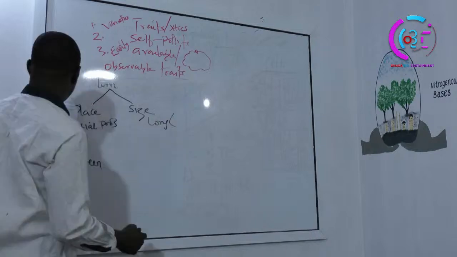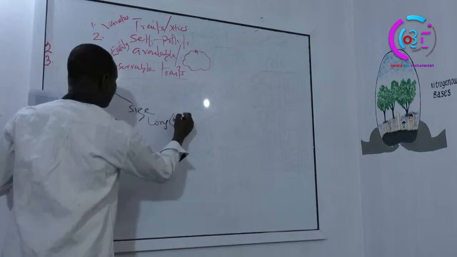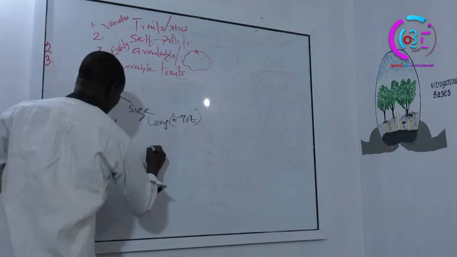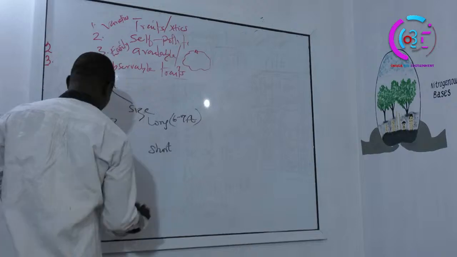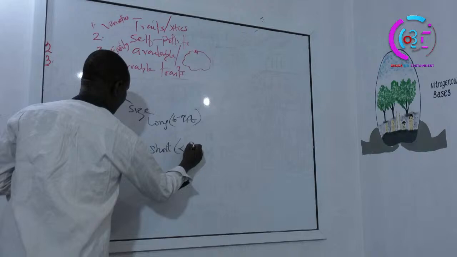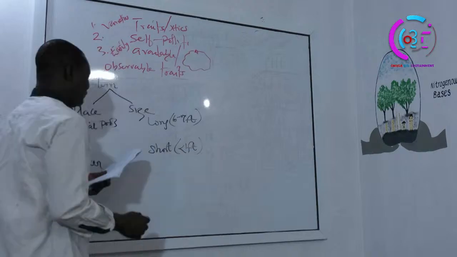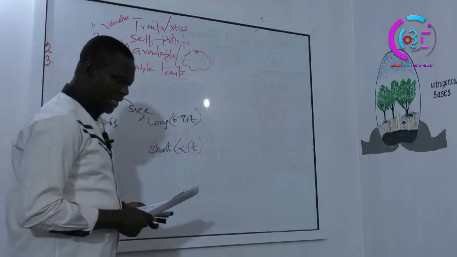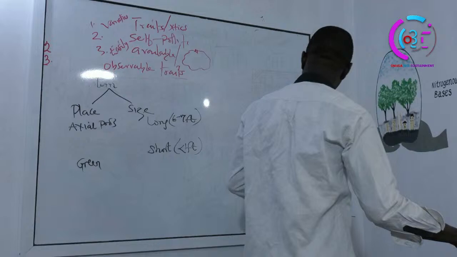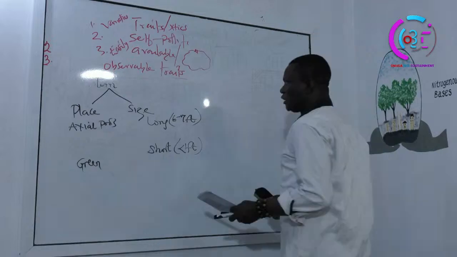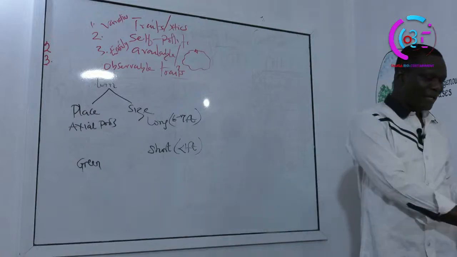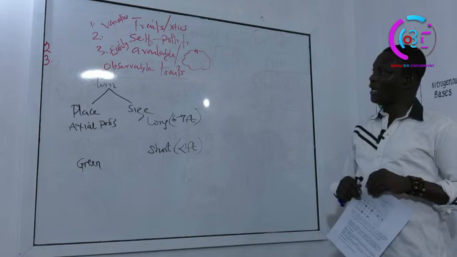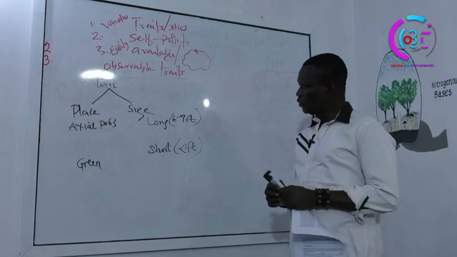Then when you look at the size, it is either long. If it is long, that means it is between 6 feet and 7 feet, a bit taller than the size of a human. And the size could also be short if it is less than 1 foot. These are typical characteristics of Mendel's plant. His choice of garden pea plant is part of what made him observe 3:1 with what we have seen so far.